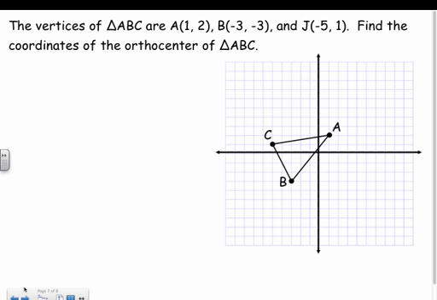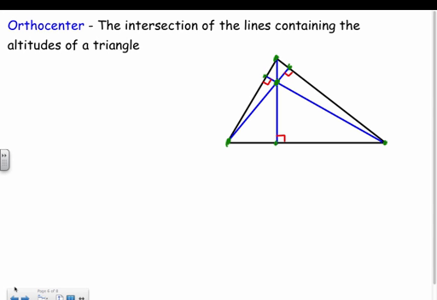I got a problem here, and I want to find the orthocenter of this triangle. Well, let's look back. If I'm going to find the coordinates of an orthocenter, think about this. I'm finding the intersection of lines, aren't I? Well, a couple chapters ago, how did we find the intersection of lines?